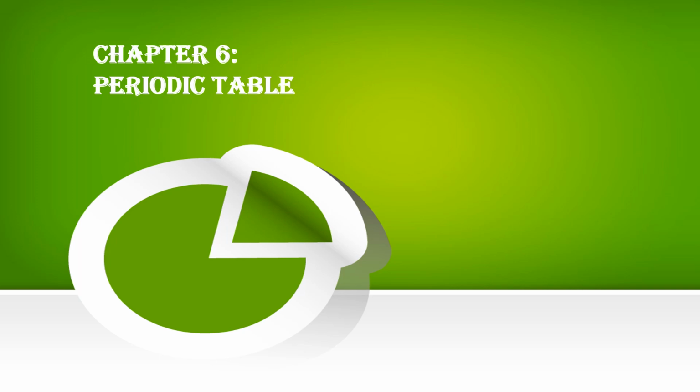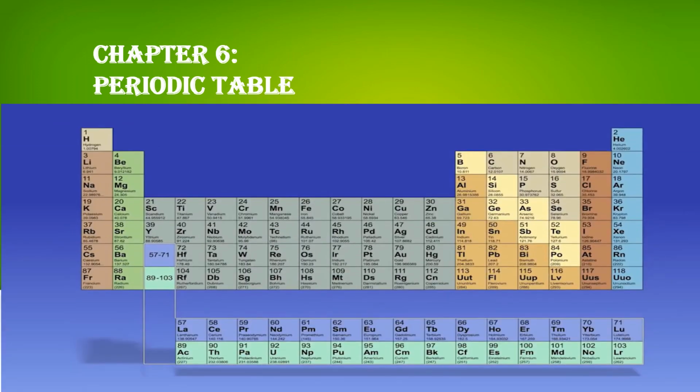Periodic table. Dmitri Mendeleev was a Russian chemist and inventor, and back in the mid-19th century, he devised the periodic table which organized all the known elements. In fact, when he made it, he even predicted new elements that we hadn't discovered yet.